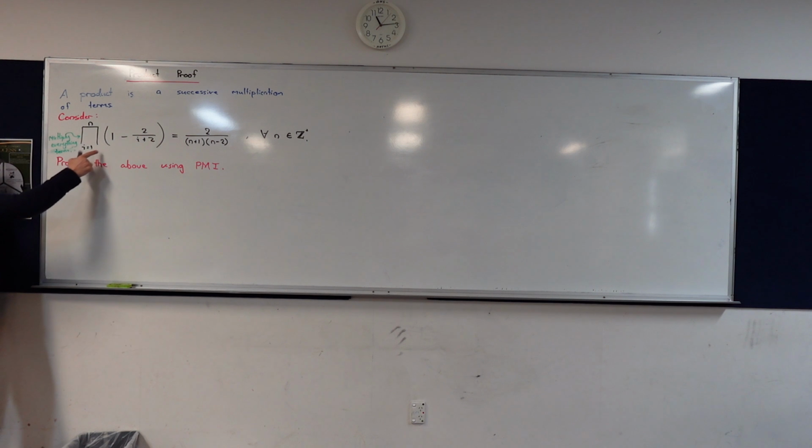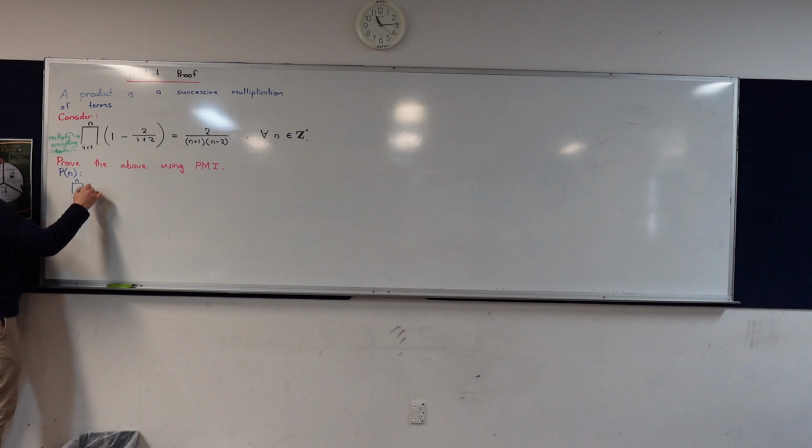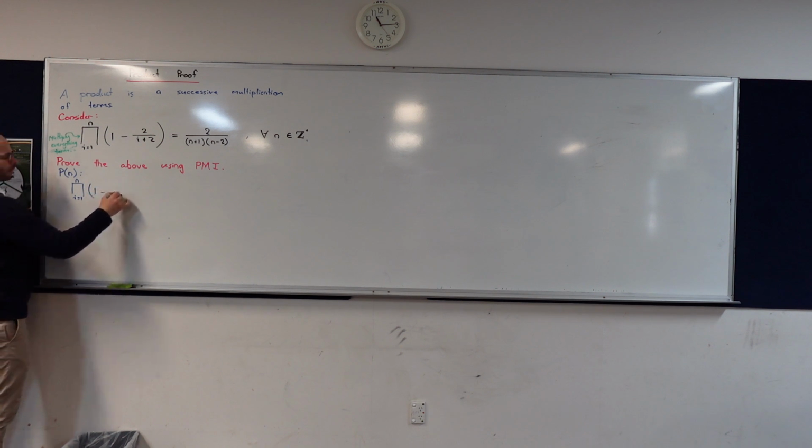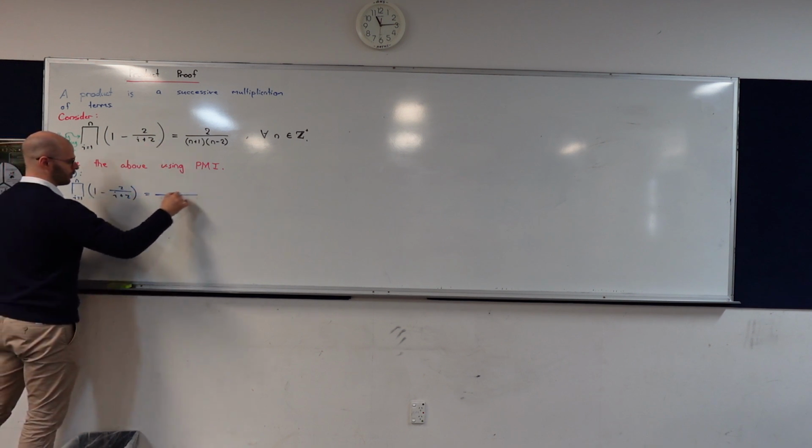First thing we always do is define this as P of n, or you could do it as P of little n. So P of n in this instance is going to be the product of i up to n, where the expression is 1 take i plus 2, all over 2.